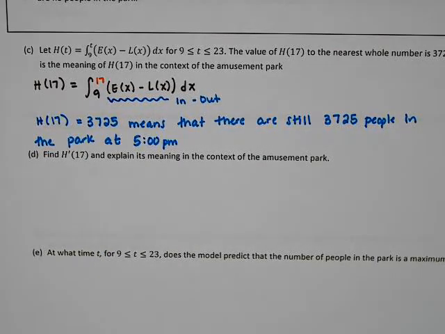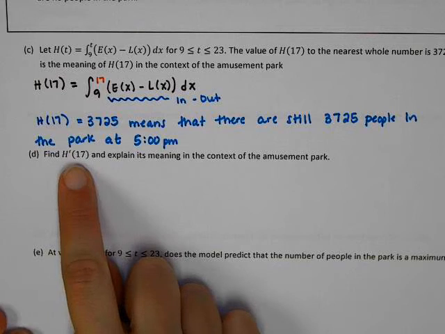Because if you take how many people came in and you take away how many people go out, there's this many left. What does h prime of 17 mean?